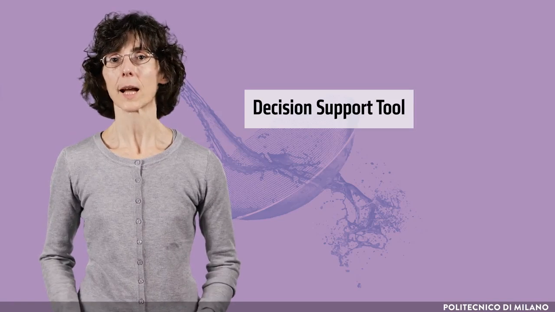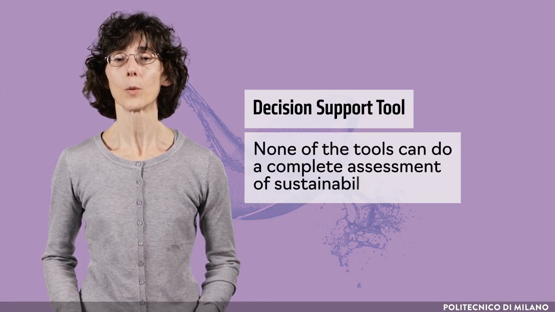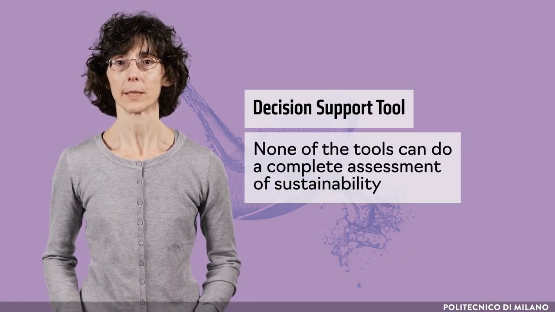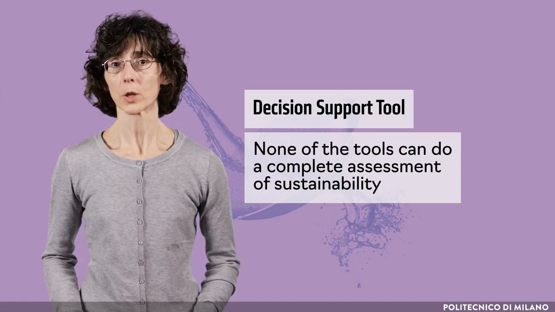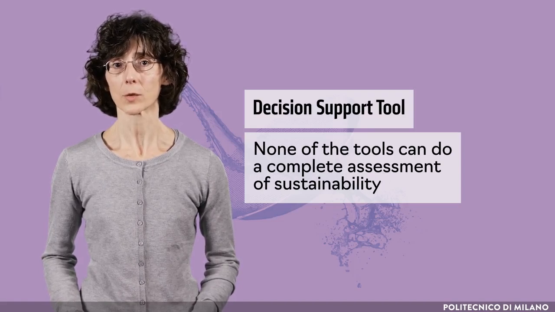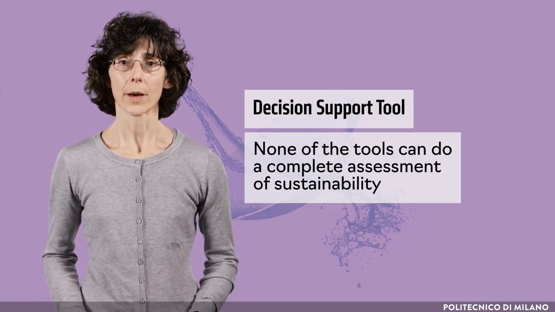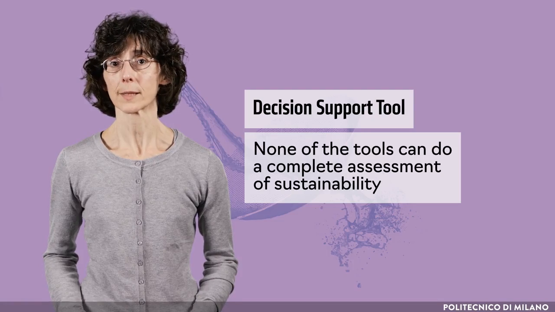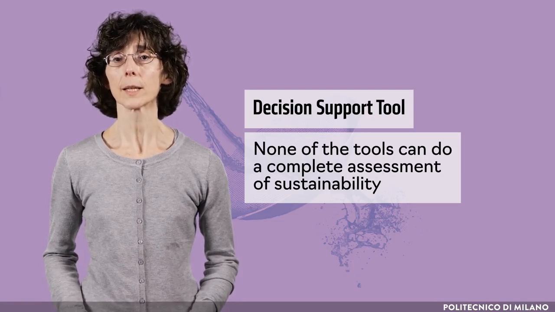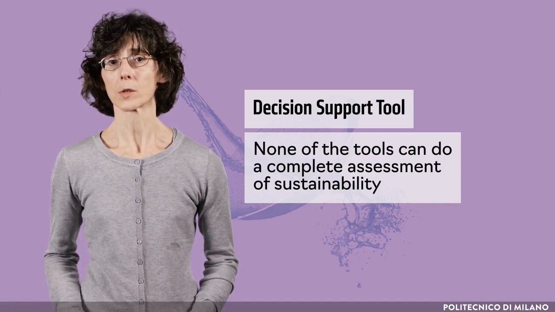The results of the study showed that none of the tools examined can do a complete assessment of sustainability. An imbalance was highlighted between the evaluation of the environmental, economic, and social pillars in favor of the environmental one. Furthermore, some impact categories, for instance human health and safety, receive significant attention, while others, for instance ethics and equality, are almost never considered.